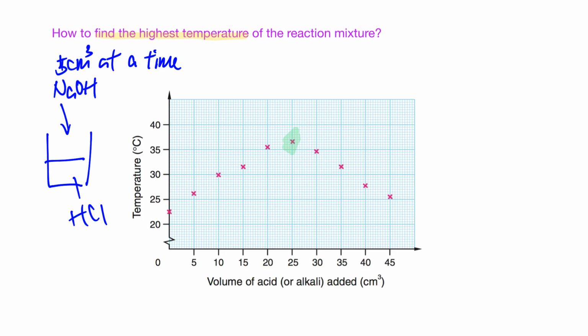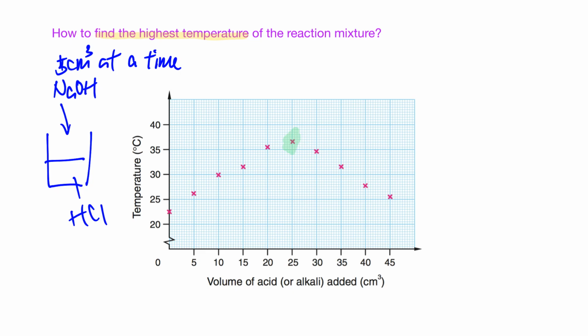Is it 35.4 cm cube? Well, the answer is no. If you take a closer look, the reaction is not really at whole number digits, it's not really 5 cm cube, then it rises to the highest temperature, maybe somewhere here, up in the middle. So if I just point out the highest point, that will be a mistake.